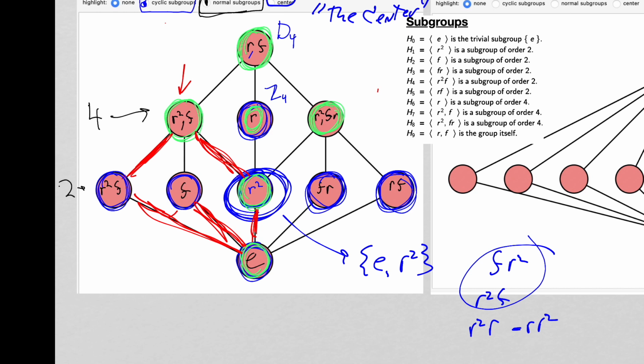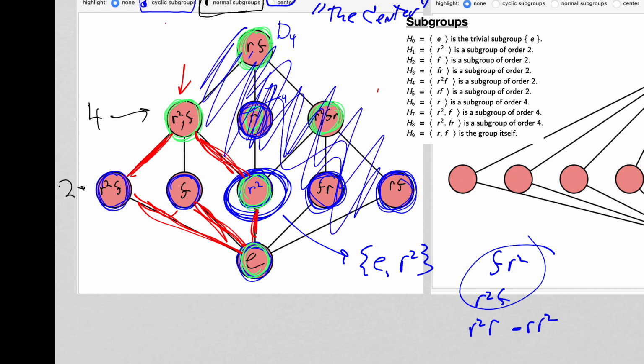Now, what's interesting is this is not a normal subgroup of D4, but it is a normal subgroup of the group generated by R squared and F. So if we just broke out this lattice itself and cut away everything else, so we were only studying this group, which is V4, what we discover is that suddenly this is a normal subgroup in V4.